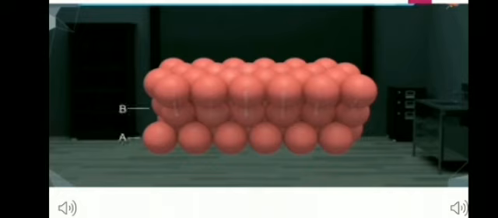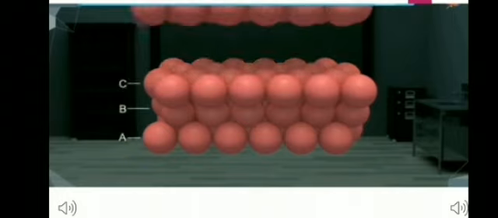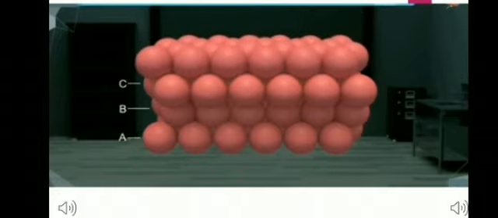Now, if we place the fourth layer over the octahedral voids of the third layer, then the spheres get aligned with the spheres of the first layer. So this pattern is called ABC type, and the structure formed is called cubic close packed or CCP or face centered cubic structure.